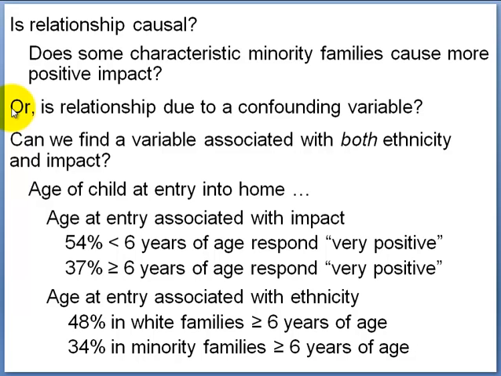And this factor, not ethnicity per se, explains the relationship that we've seen. So, in hunting for a confounding variable, we're hunting for a variable that's associated with both variables involved in the initial relationship, so with both ethnicity and impact.